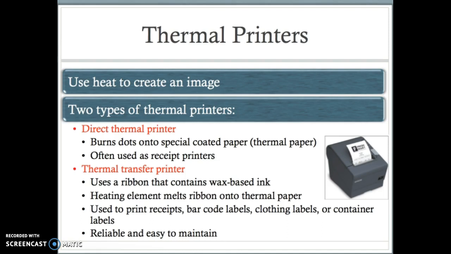They're reliable, they're easy to maintain. A lot of stores use them for receipts. The only bad thing is that they can smear or become compromised. If you leave them out in the car, all of a sudden your receipt looks like half a receipt or things like that because it is due to thermal. But this is a heads up on those 4 types, and you'll be reading about them quite a bit.